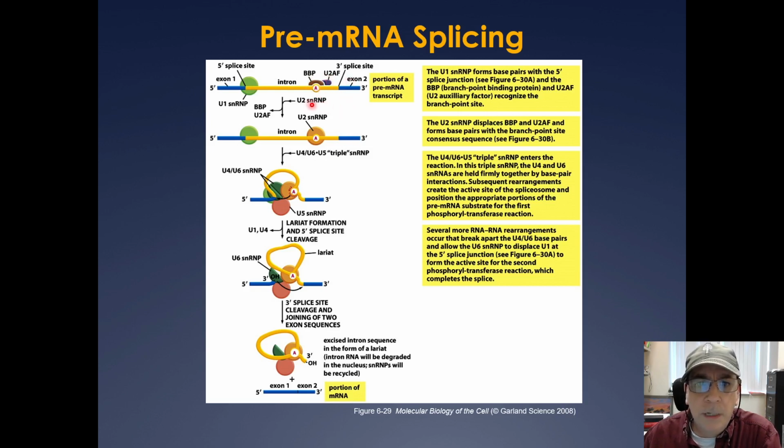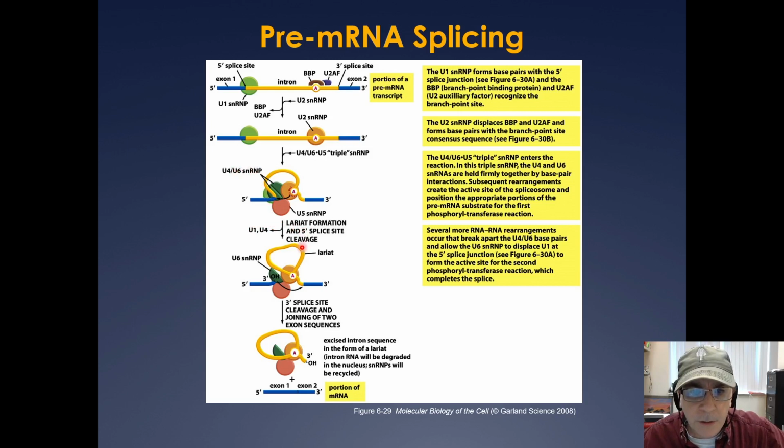There's a small rearrangement that occurs, and the BPP and U2AF are displaced with the U2 snRNP, and then the U4, U6, and U5 triple snRNP comes in, and ultimately at least the U6 displaces the U1.